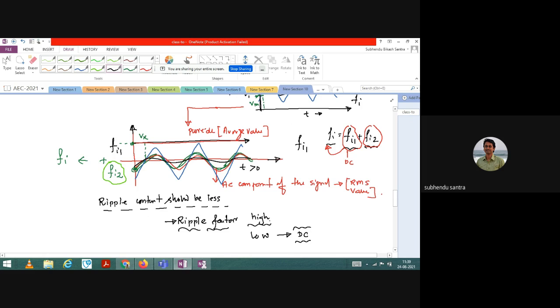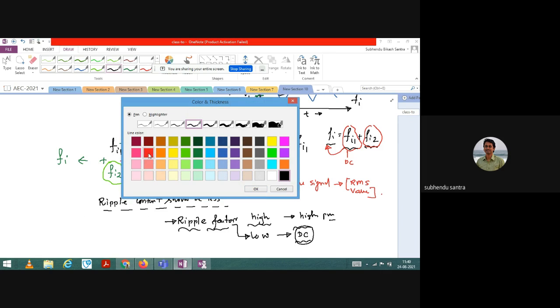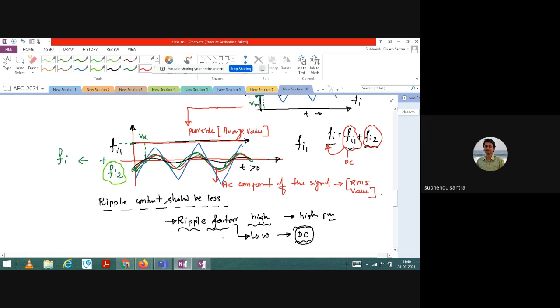If your ripple factor is very high, that means it is not a DC, it is highly pulsating. You want a pure DC, so always remember that your ripple factor has to be low. So what circuit will provide a low ripple factor? Generally, we use that circuit for this kind of AC to DC conversion application.